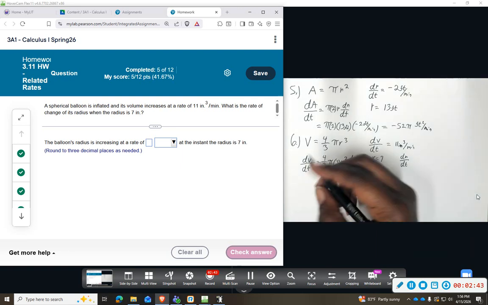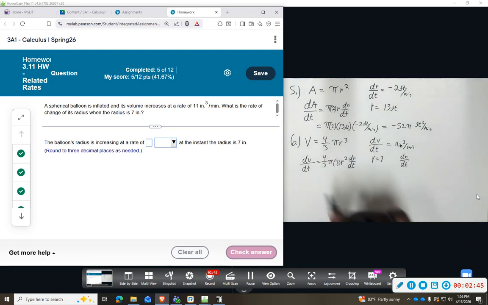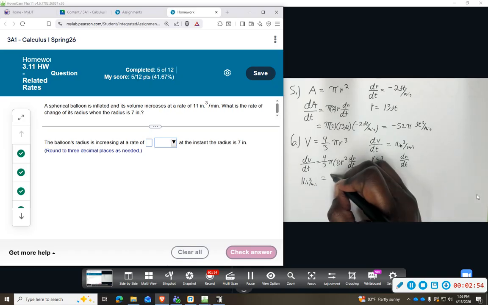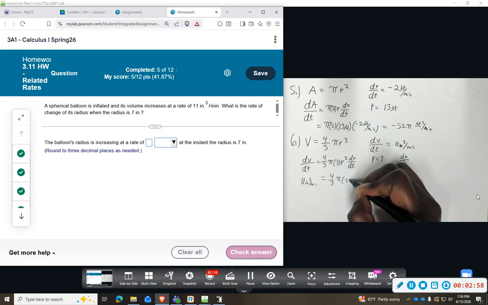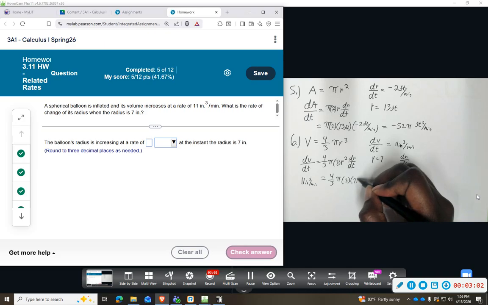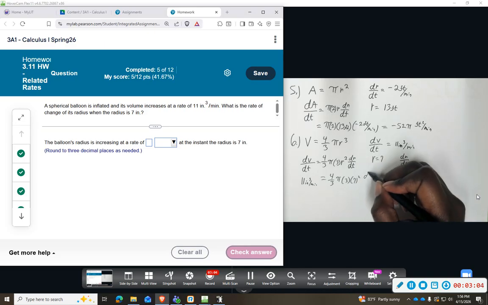Okay, so dV/dt was 11 inches cubed per minute. This is going to be equal to 4/3 pi times 3 times r squared. R is 7, so it's going to be 7 squared, and then dr/dt.